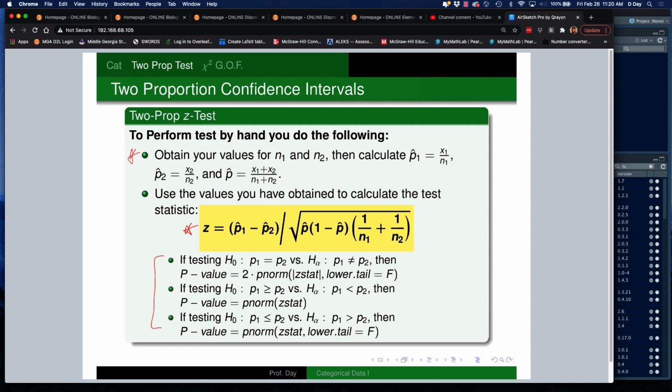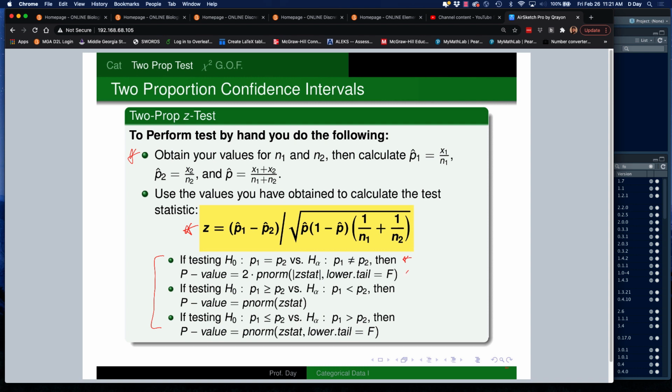Once you've calculated the z-stat, you can come down here and look and say if you're testing, and notice how I've written my H0 and my Ha here. I'm using p1 equals p2, and p1 is not equal to p2 if I'm doing a 2-sided test. That's what this first one represents. If I'm doing that, I want to find the p-value for my z-stat that I just calculated in the yellow box.